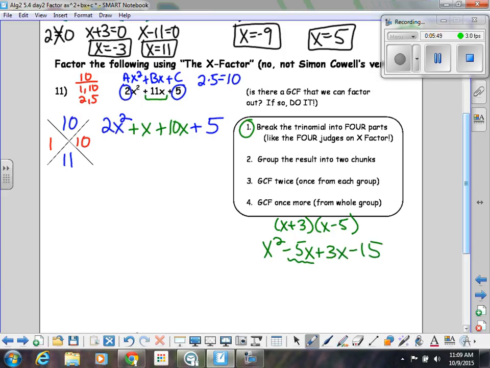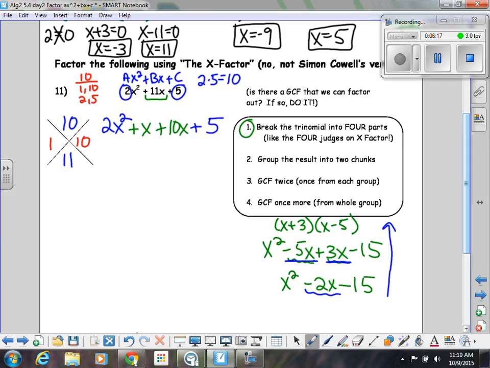So when I FOIL, I get 2 middle terms, and then we combine those like terms to equal 1 single middle term. But now I'm going back this way, right? I want to take my single middle term and figure out what 2 things I combine to get that middle term. Okay, so that's what we just did here. The 11x is getting split into 1x and 10x.